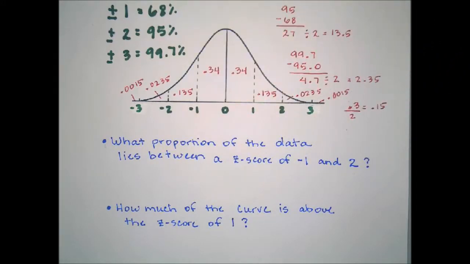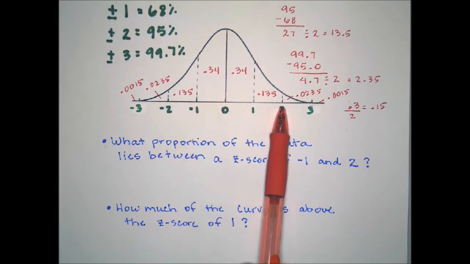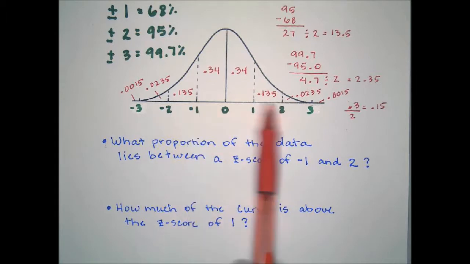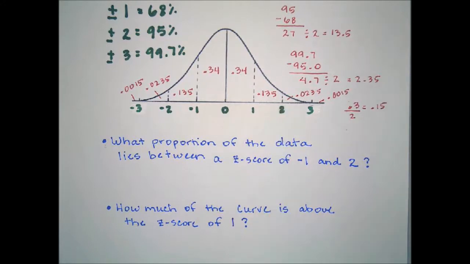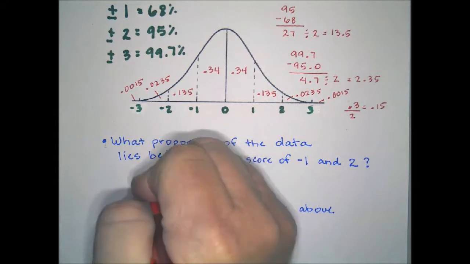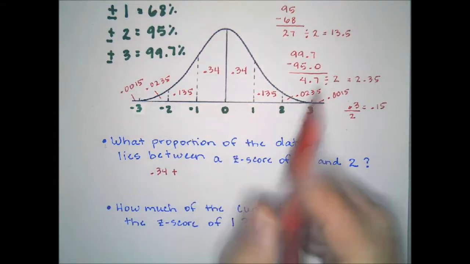Now that we have the normal model all broken up into its proper sections, we can start asking questions like this. What proportion of the data lies between a z-score of -1 and +2? So how much of the curve is in this area right here, from -1 to +2? Well, all we do is we add up the sections. This would be 0.34. The next one would also be 0.34.